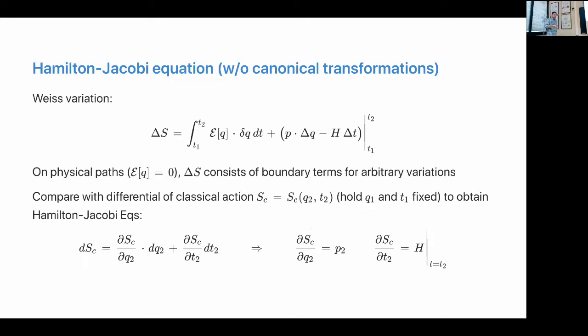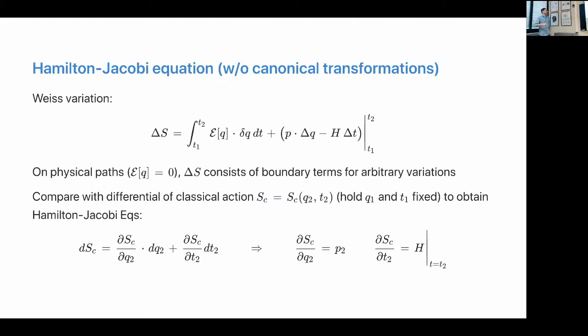One result that you can get almost immediately is the Hamilton-Jacobi equation. What you do is you take the Weiss variation and you evaluate it on solutions of the Euler-Lagrange equations. When you do that, you get rid of this bulk integral, and you just get these boundary or endpoint terms. Then you compare it with the differential for the classical action.